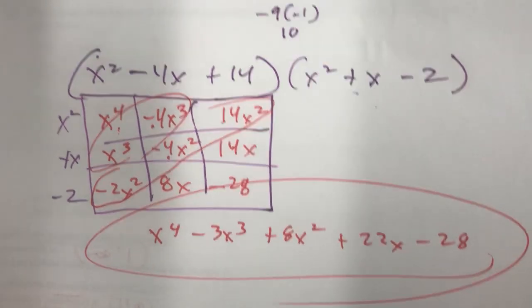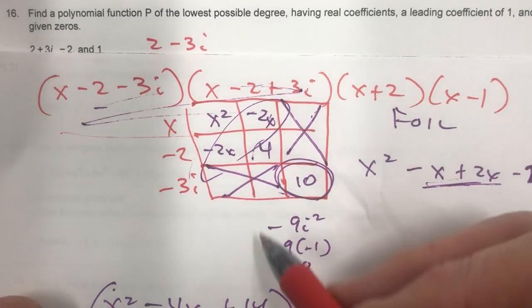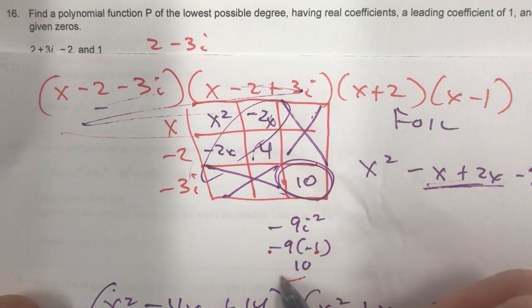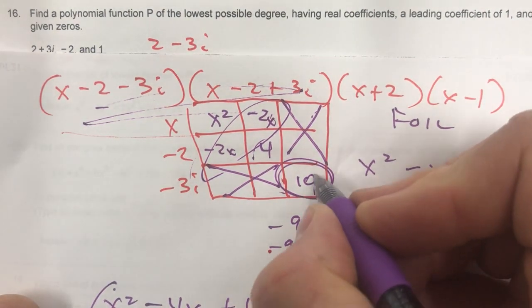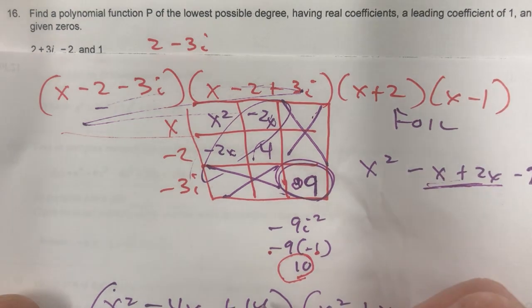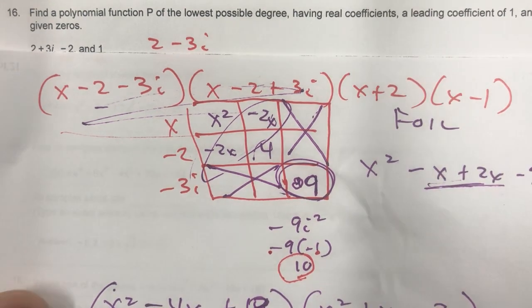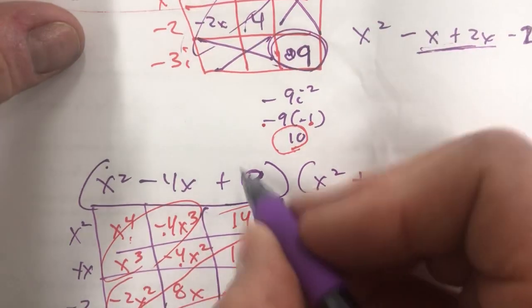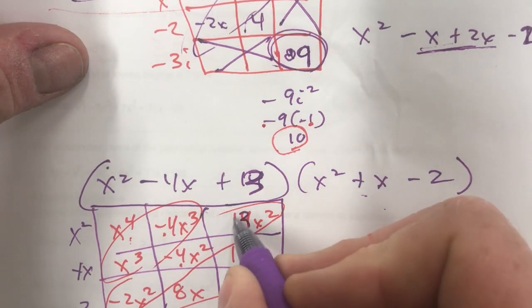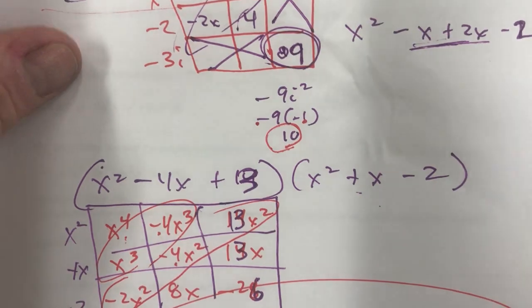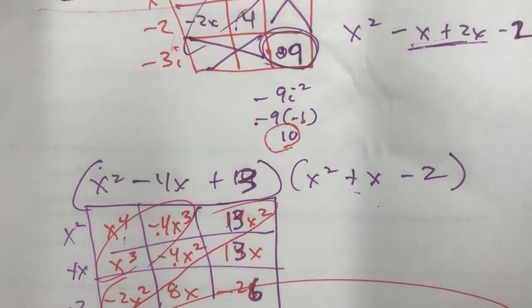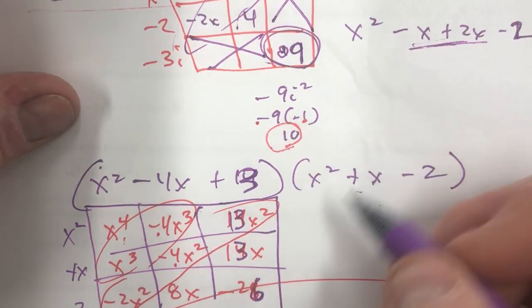Negative 9 times negative 1 is just 9, not 10. Today's not a good day. That should be 9, which makes this a 13 right here. So that's going to throw stuff off. This whole column. 13, 13. This would be 26.